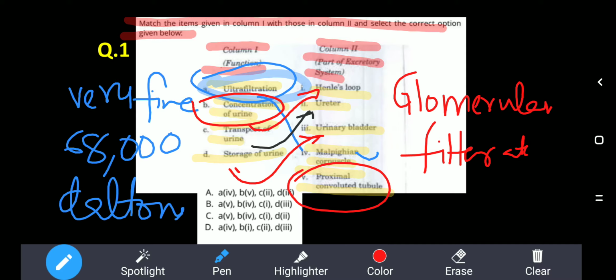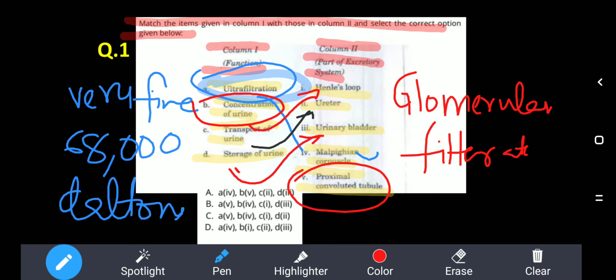The function of PCT is to reabsorb most of the filtered Na plus ions. If I want only a small amount of Na plus ions to flow downstream, then I have to do reabsorption.